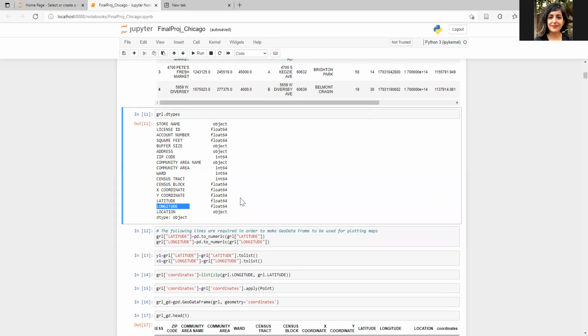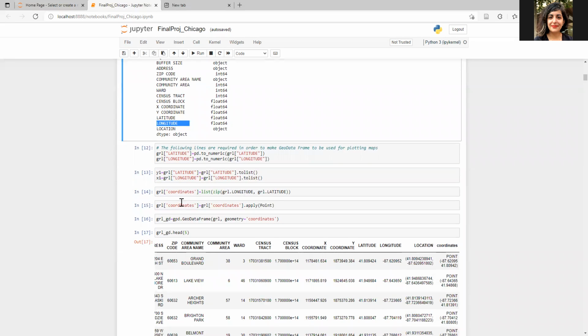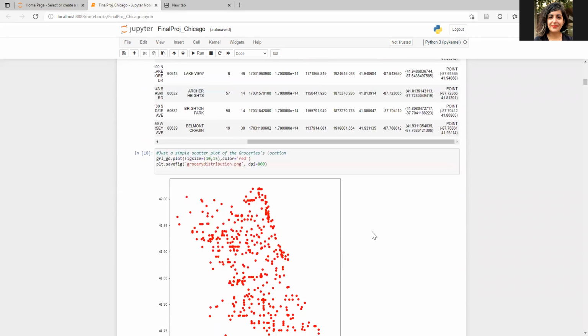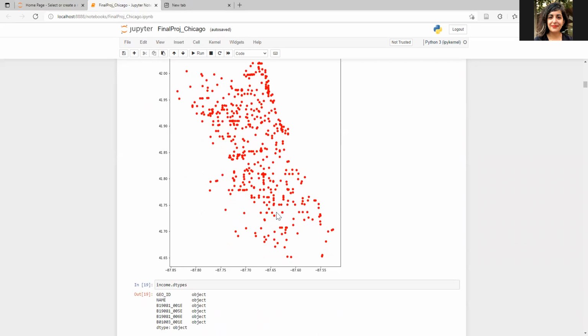We know that in this type of spatial project, we need to work with latitude, longitude, geo-IDs, shapefiles. So it's important to know what their data types are and change them if needed. And I also needed to put my latitude and longitude into coordinates to be able to deal with just one column. So I quickly plotted the location of grocery stores in Chicago.